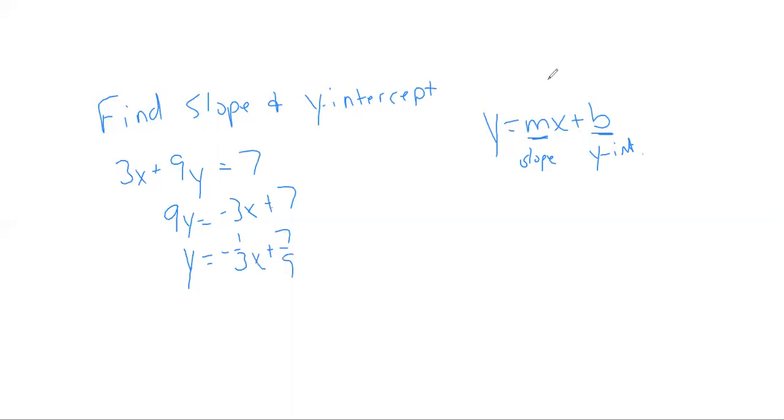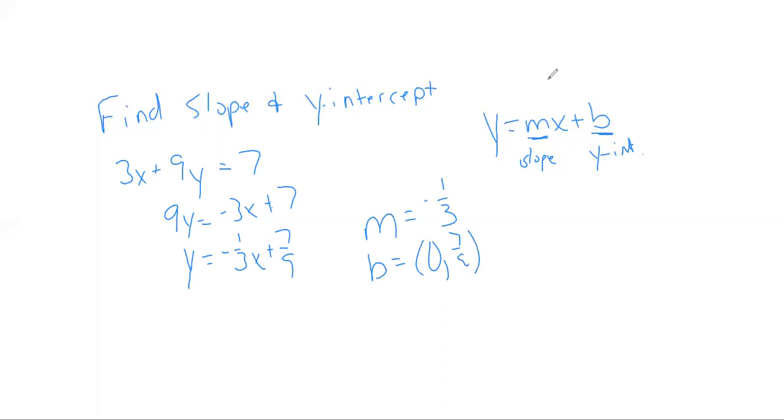Well, it's pretty easy. M is equal to -1/3. Okay? B, the y-intercept, is equal to the point 0 and 7/9. That's your first example of those.